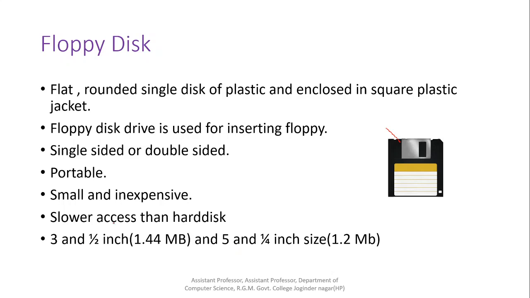The maximum amount of data stored on a 3.5 inch disk is 1.44 MB, and the total amount of data stored on a 5 and 1/4 inch disk is 1.2 MB.